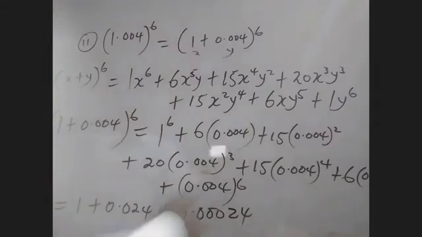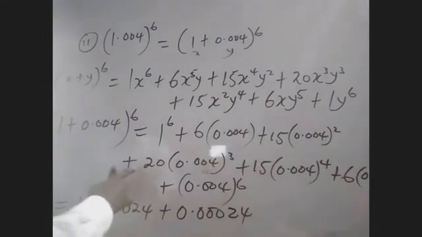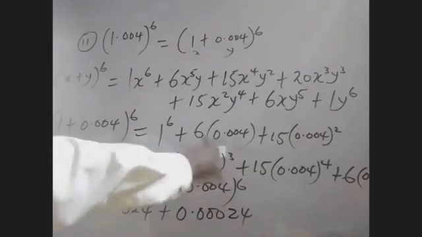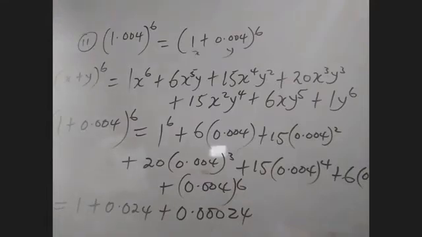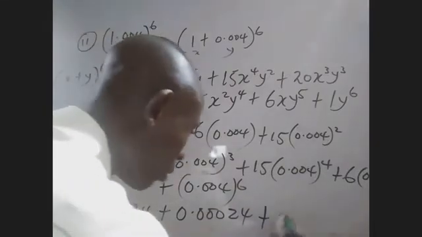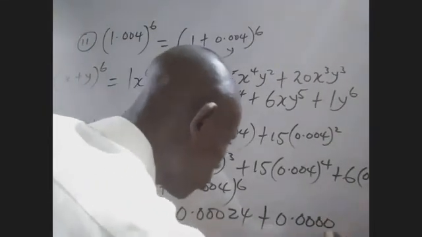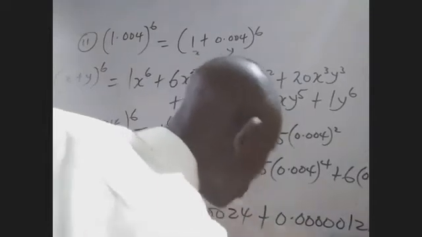Then you have 20 times 0.004 raised to the power of 3. Times 20 will give you plus 0.00000128.